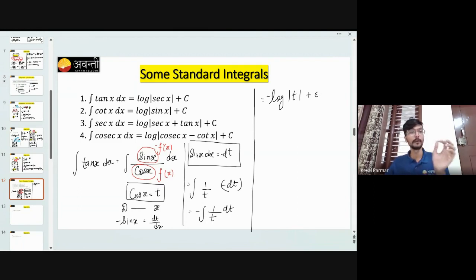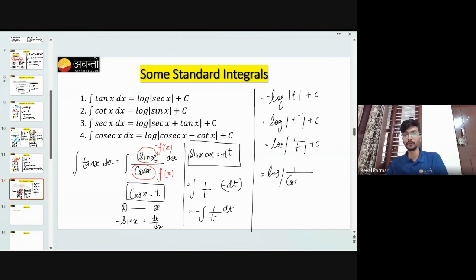Now, if you know the property of log, this minus will come on the exponent. That means I can write it as log of t raised to minus 1. And what is t raised to minus 1? It is log of 1 upon t. And if I resubstitute, I will get log of 1 upon cos x plus c.